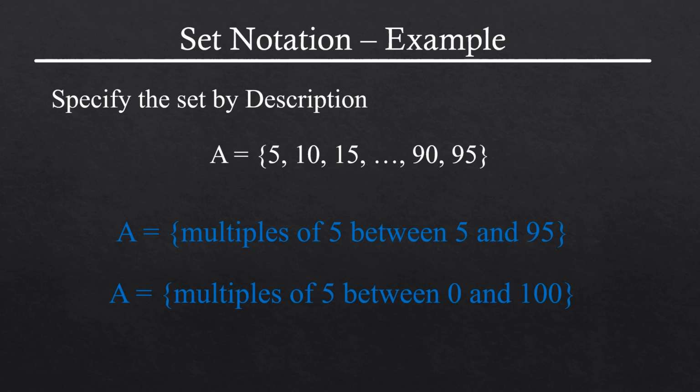And if you don't believe that, ask the police officer whenever you get pulled over for speeding. There's a big difference between 5 and 95 and 0 and 100. And between the two things does not mean on the two things.